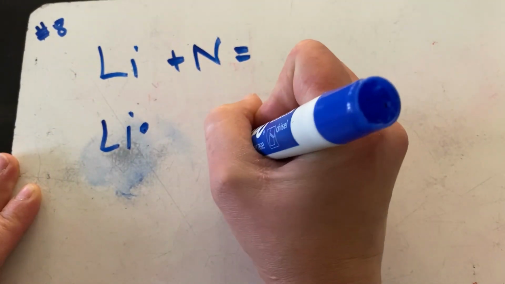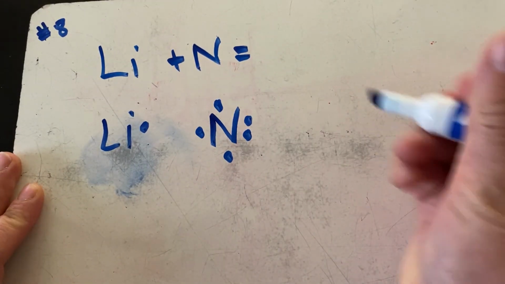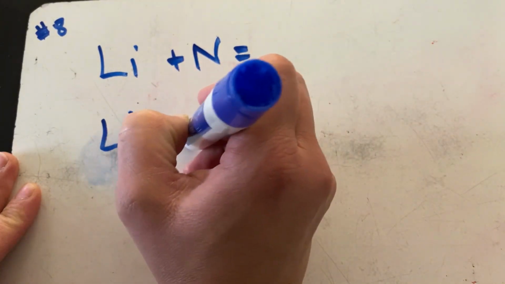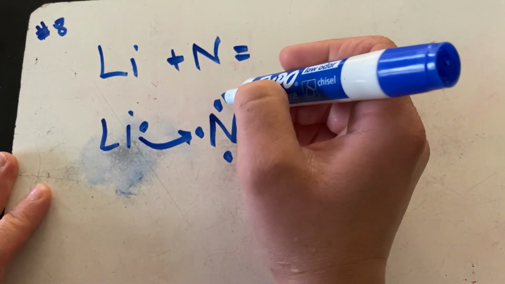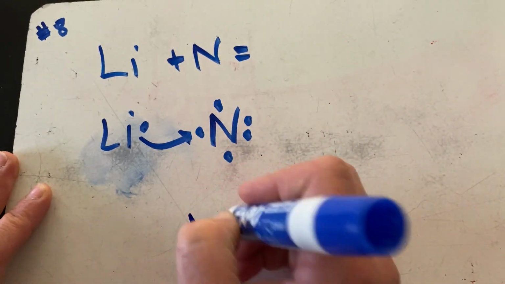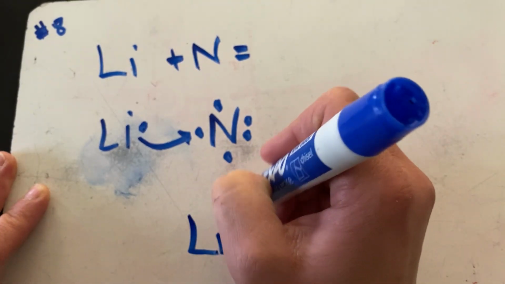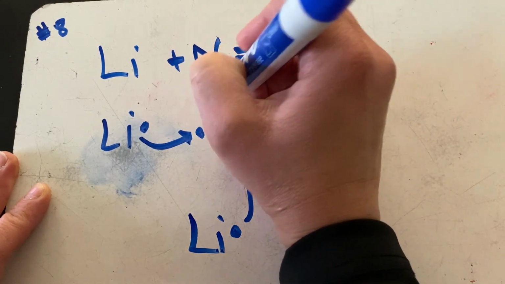Nitrogen has 5. So we've got 1 that's going to come over here, which is going to make nitrogen kind of happy, but there's still 2 unpaired electrons and it needs 2 more. So we're going to have another one bonding from here and another one bonding from here.